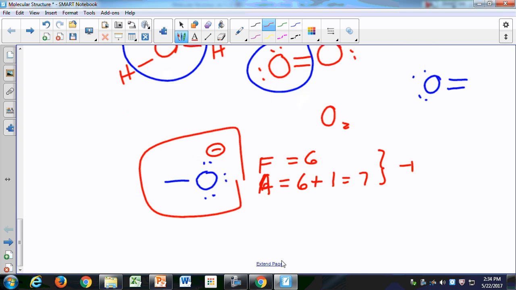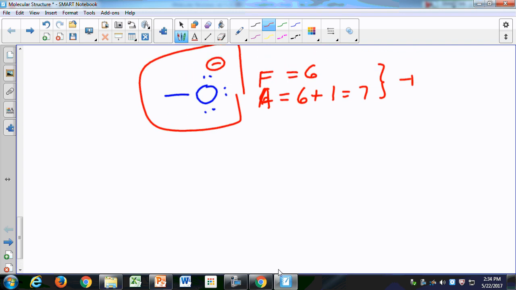Oxygen can also have a plus 1 formal charge. That happens when it has 3 single bonds and a lone pair, for example in the hydronium ion. It will have a positive formal charge. Why?